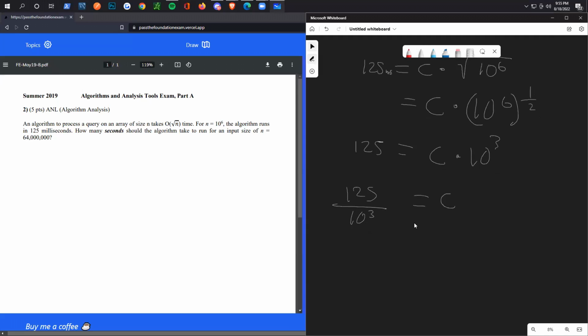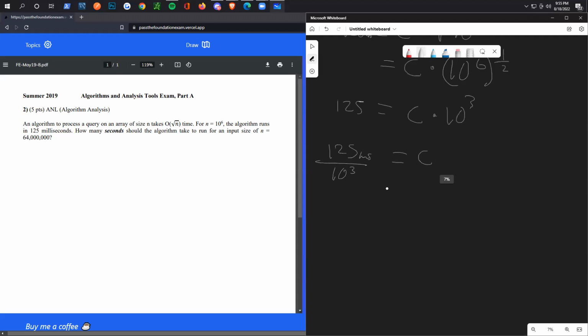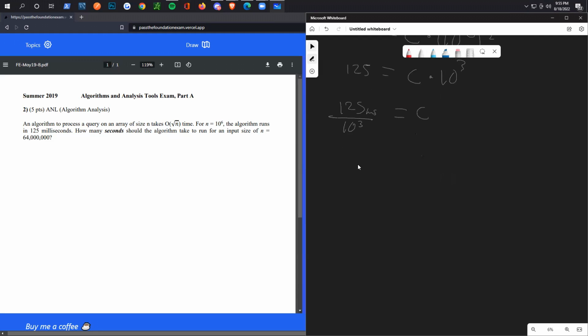So I'll leave this here. This is still in terms of milliseconds, so we haven't bumped it up to seconds yet. Okay, so now let's go on. We're going to have T of n where n equals 64 million.